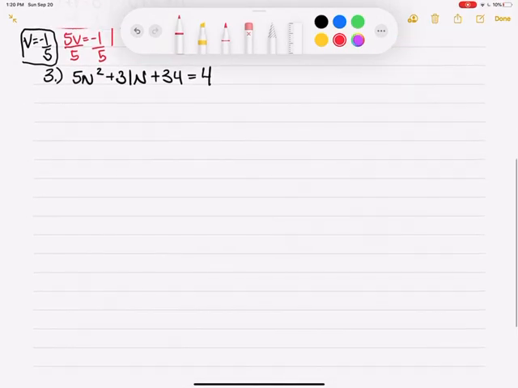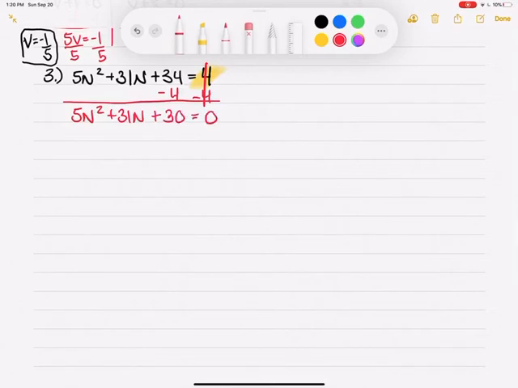In my last example, 5n squared plus 31n plus 34, it equals 4. So to change that, I'm going to subtract 4 from both sides. I need the right side of my equation to equal 0. Since 34 and 4 are like terms, I'm actually going to subtract here, end up with 30, and it equals 0.